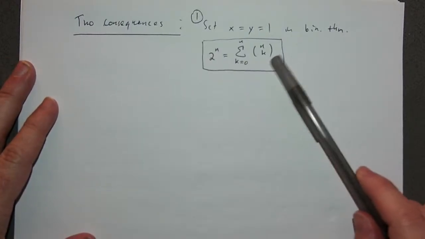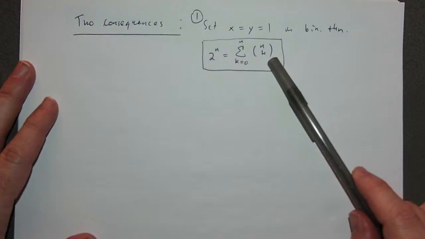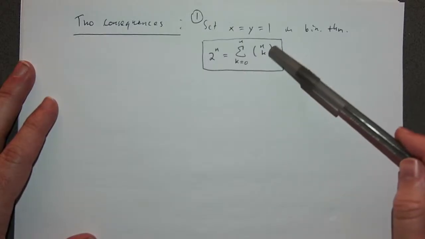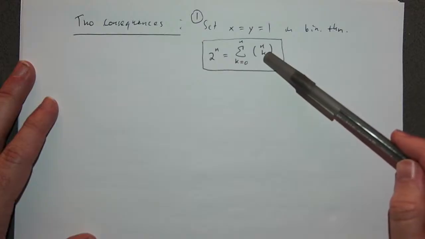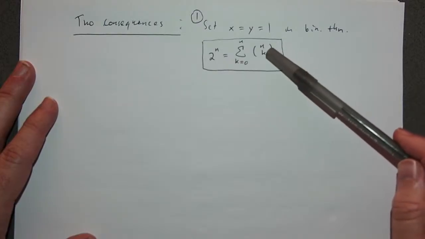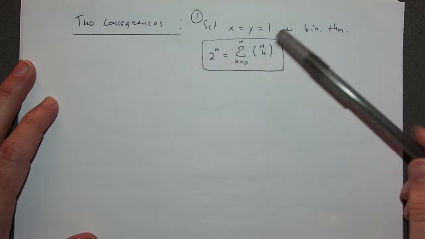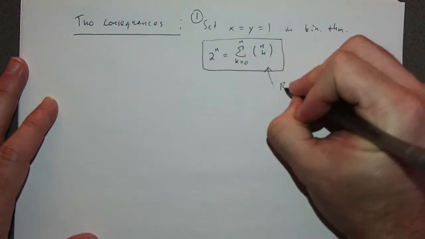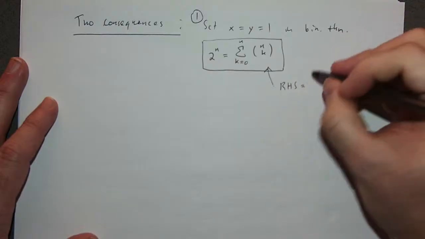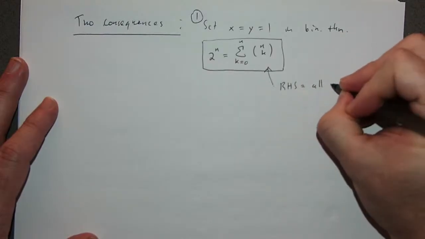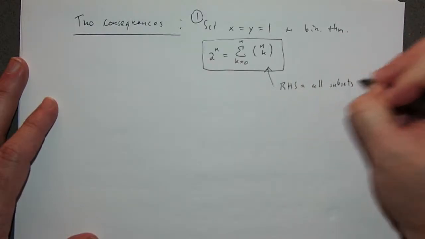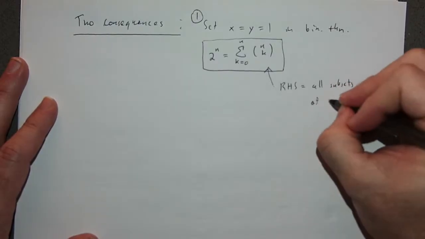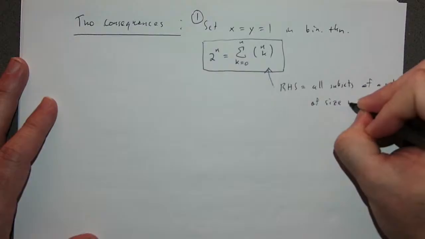The right-hand side is counting the sum of subsets of size k from a set of size n, and it's all of them, right? So what do I mean by that? What is this right-hand side counting? All subsets of a set of size n.